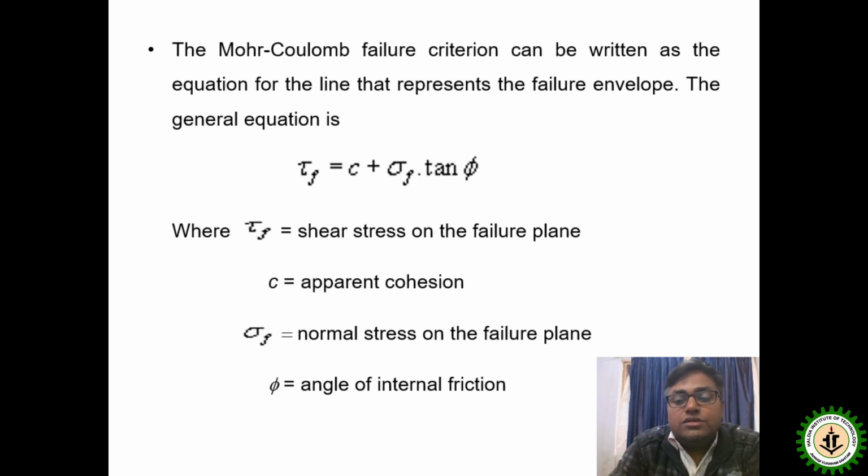This shear strength is an inherent property of the soil mass. When a normal load acts on the soil mass, the soil, due to its shear strength behavior, gives resistance against this normal stress.